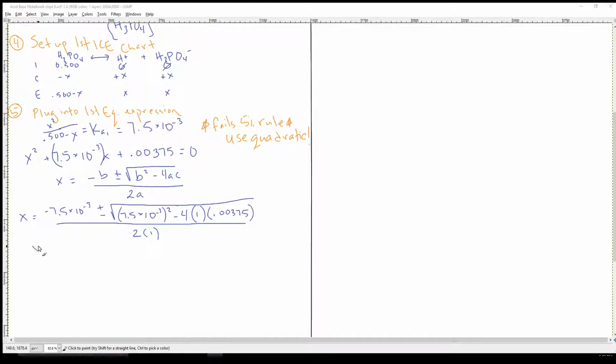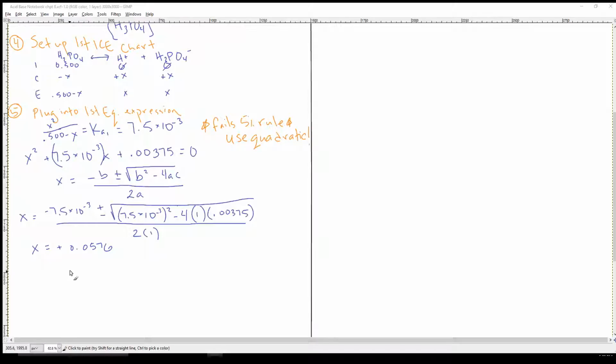If you plug this into your calculator, you'll get a positive number and a negative number. However, we're going to choose the positive one because concentrations can't be negative. So we'll end up with plus 0.0576.